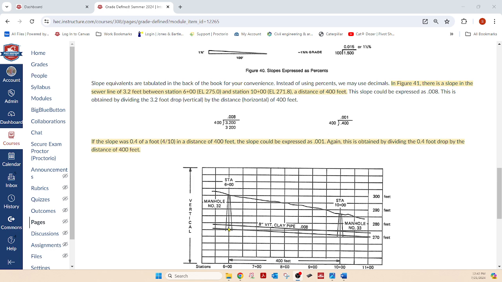So it's going to fall from 271.8 right here, going all the way up to 275.